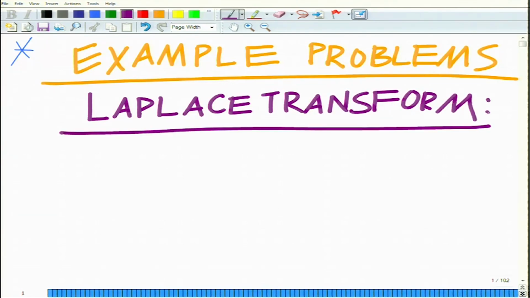Let us look at example problem number 1. Let us start with something simple.